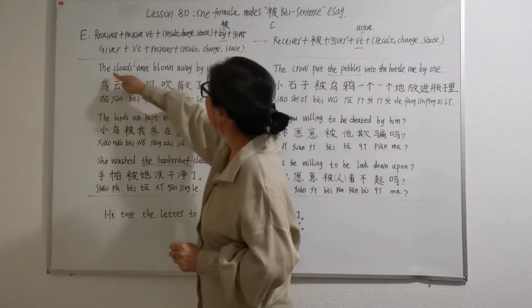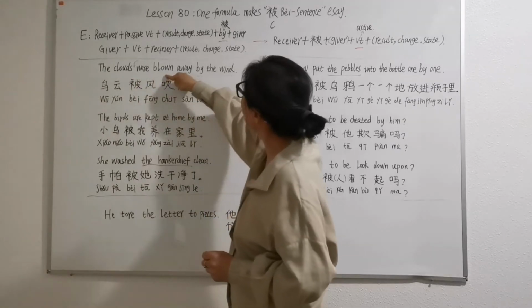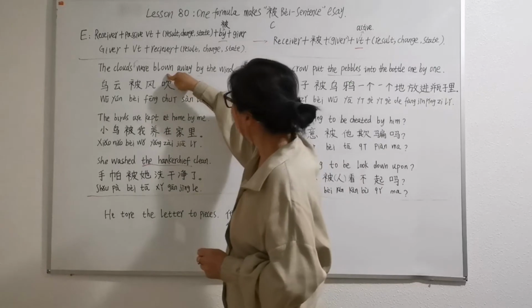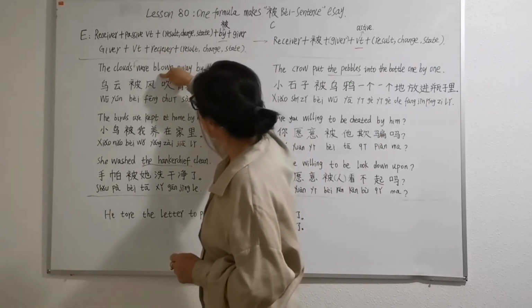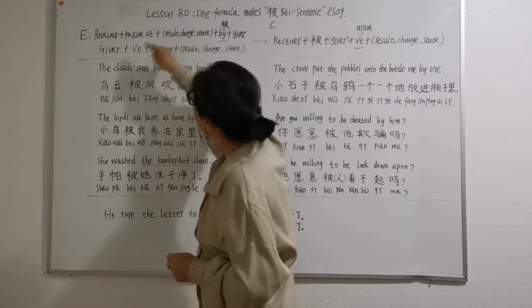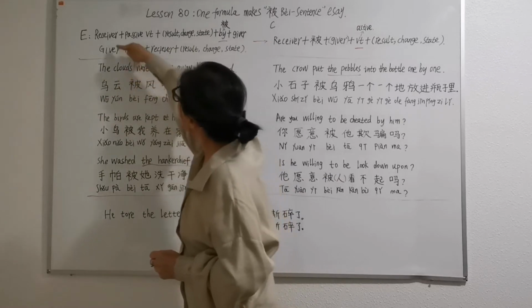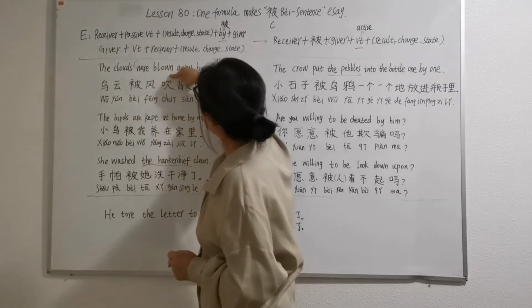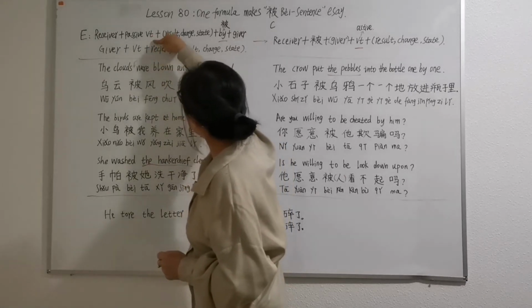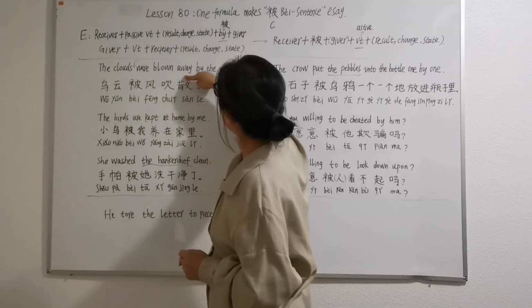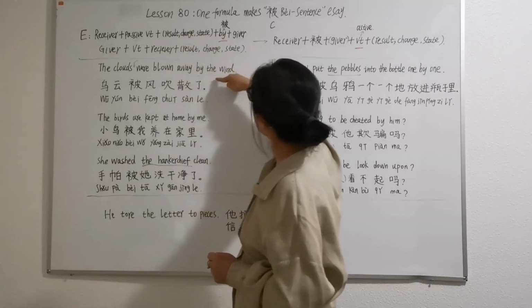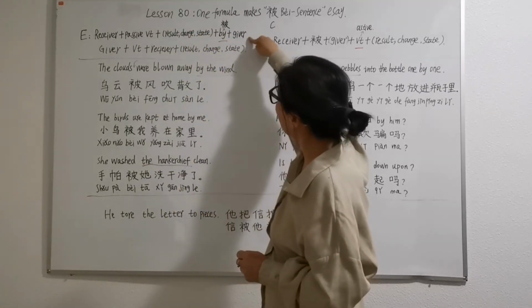First, the clouds were blown away by the wind. This is the passive sentence. The clouds, receiver, were blown, passive transitive verb, away, result, by the wind, giver.